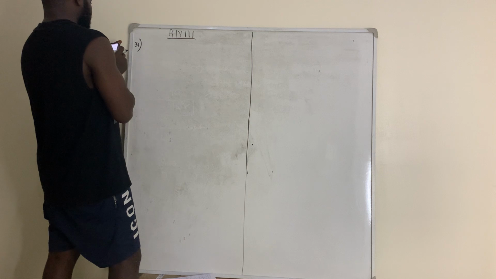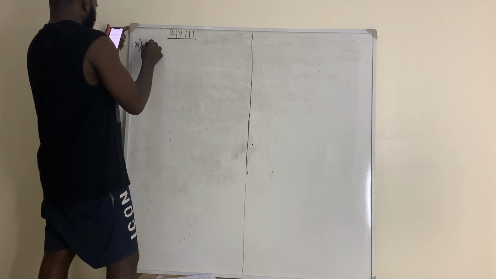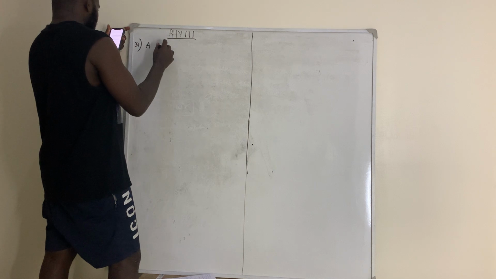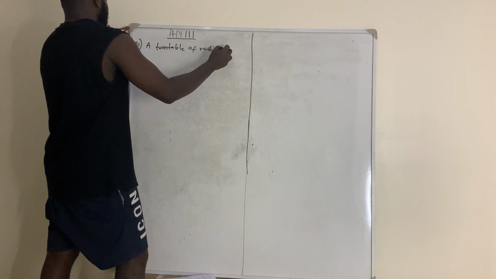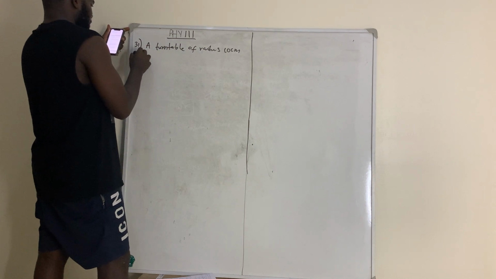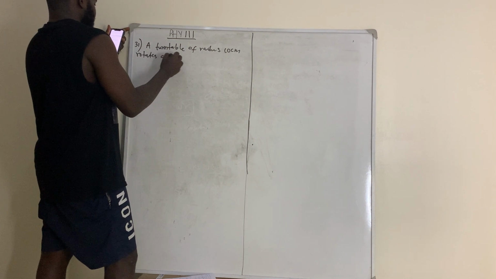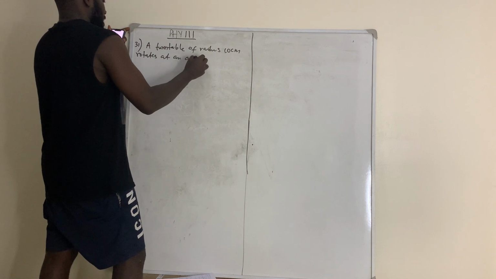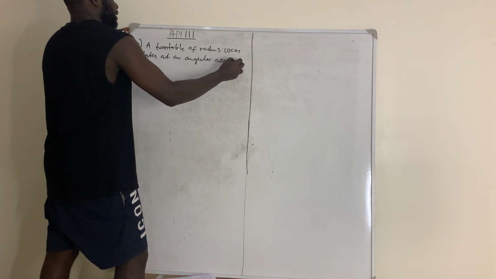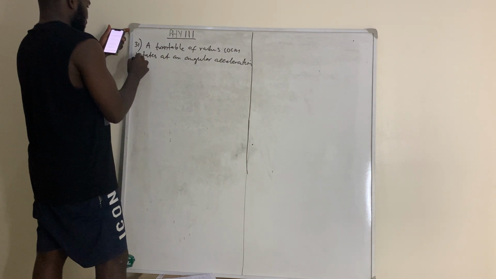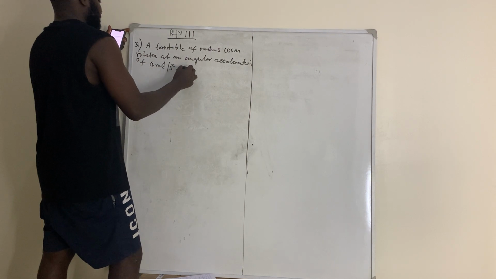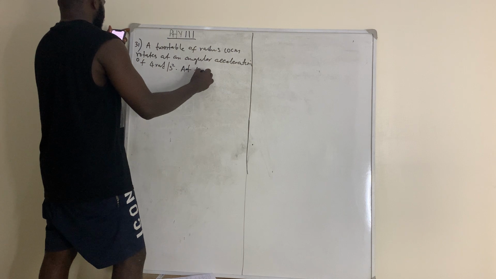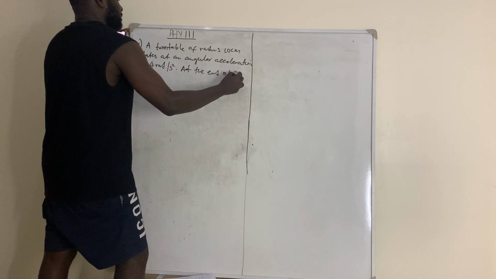So the first question here, question number 31, said: a turntable of radius 10 cm rotates at an angular acceleration of 4 rad per sec square at the end of 3 seconds.